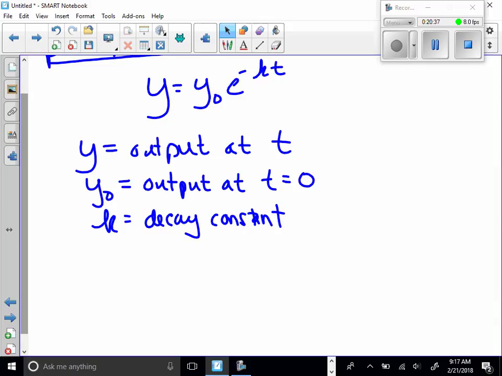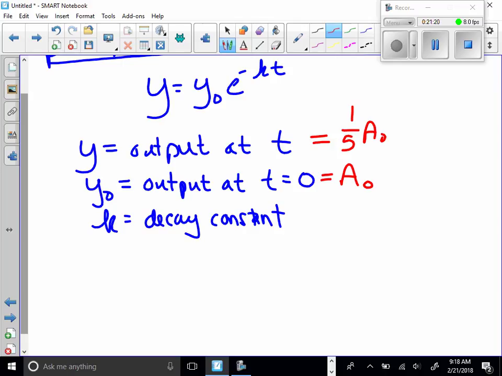Okay. So the deal with this problem is that they don't tell me what the output actually is. So I might call my original output, say, A0, for the original amount. And I want to find t, the time, for when the output is what? 1/5 A0, yeah.